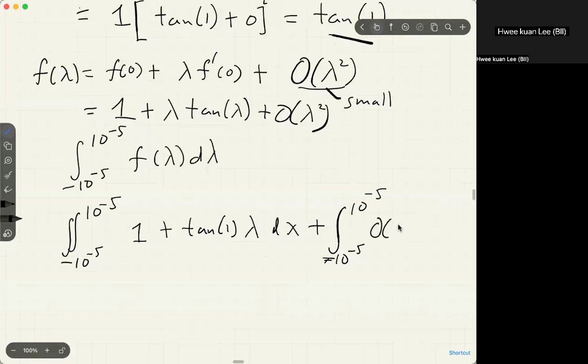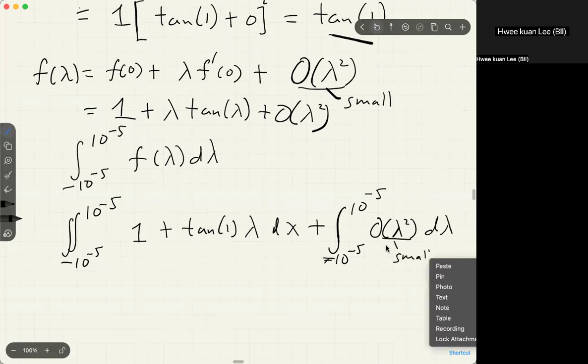I call this lambda square e to the lambda, right? So this is small, because you see lambda is in this range. This is small. So this whole thing is small.